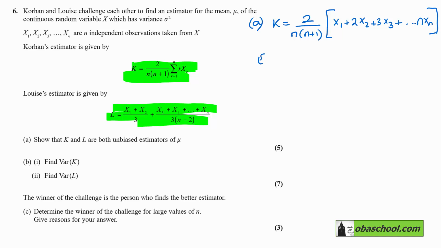So the expectation of K would be, well, since all of these things are independent of x, they're just numbers in any particular case, so we can just put those in front. And then we'll have the expectation of x1 plus twice the expectation of x2, and so on up to n times the expectation of xn.